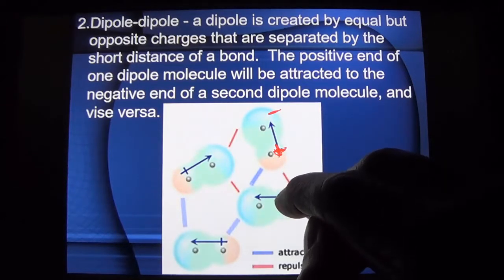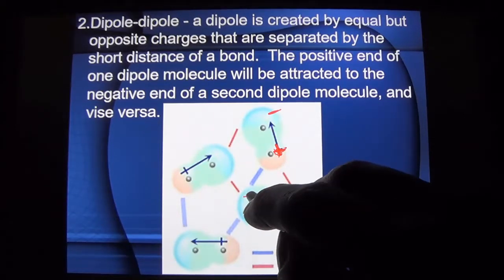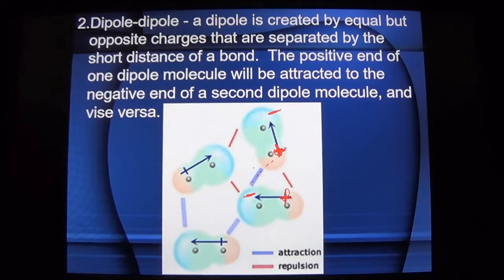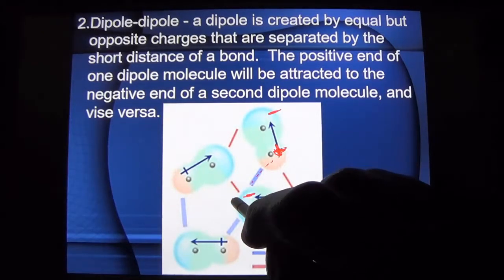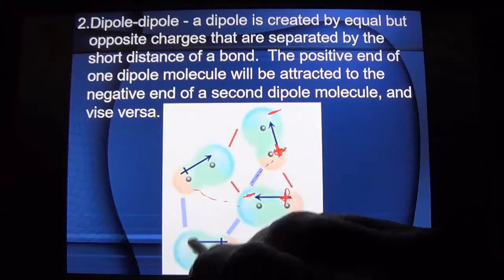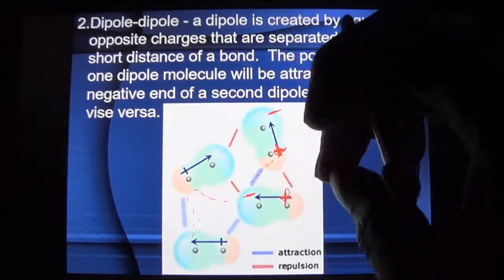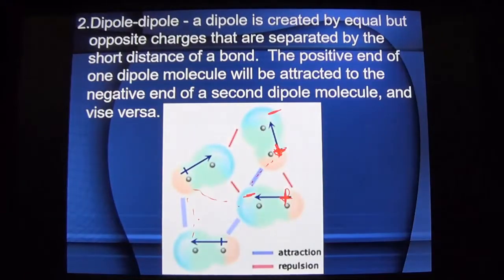The positive is going to repel other positive polar molecules, but be attracted to the negative part. So there'd be an attraction there. And this negative would be attracted to a positive, and this positive would be attracted to a negative, and they all start lining themselves up like little magnets, all trying to hold each other together.